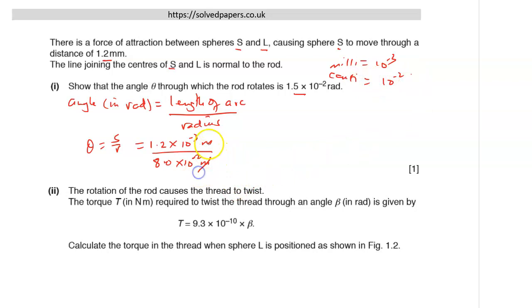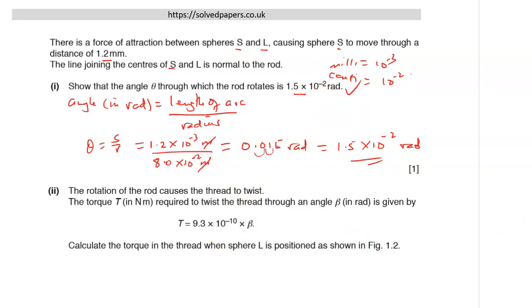So that's what we do. Meters will cancel out, and what you'll get is 0.015. And this is in radians. Of course, you convert this one to standard form. This will be 1.5 times 10 raised to power minus 2 radians. We have shown that.